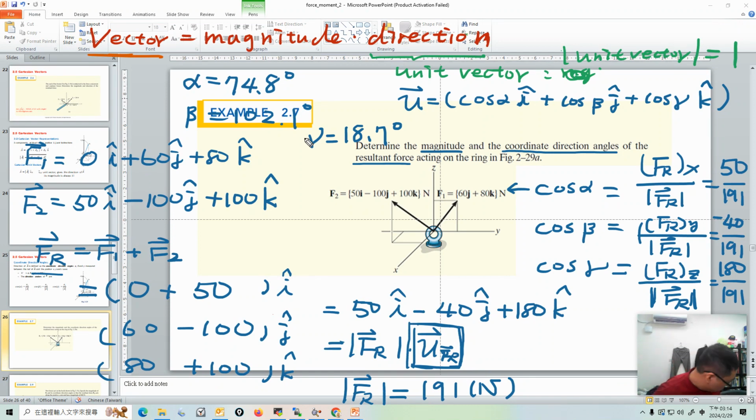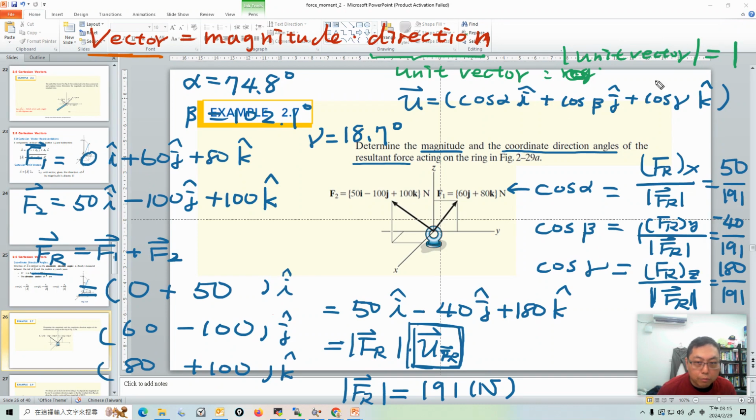There is something wrong. 180 divided by 191, inverse cosine, 19 point.